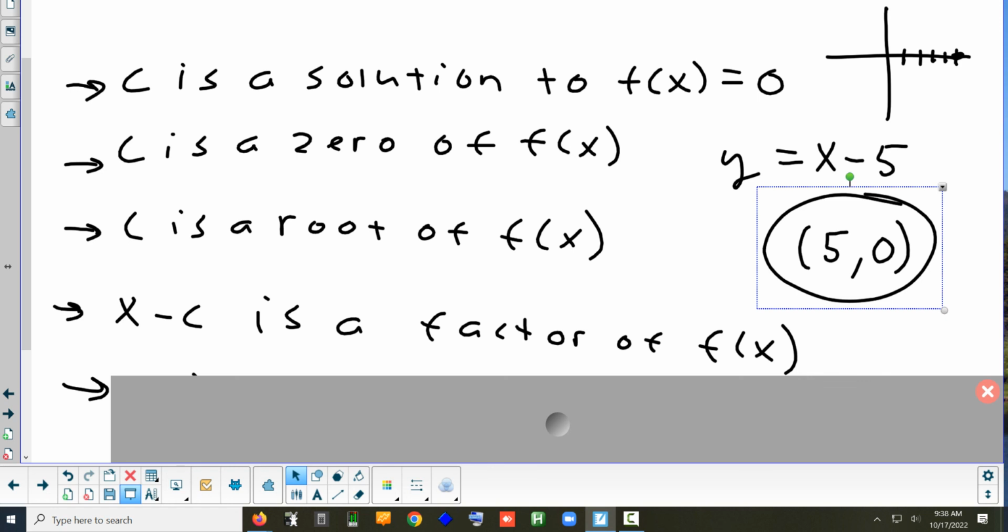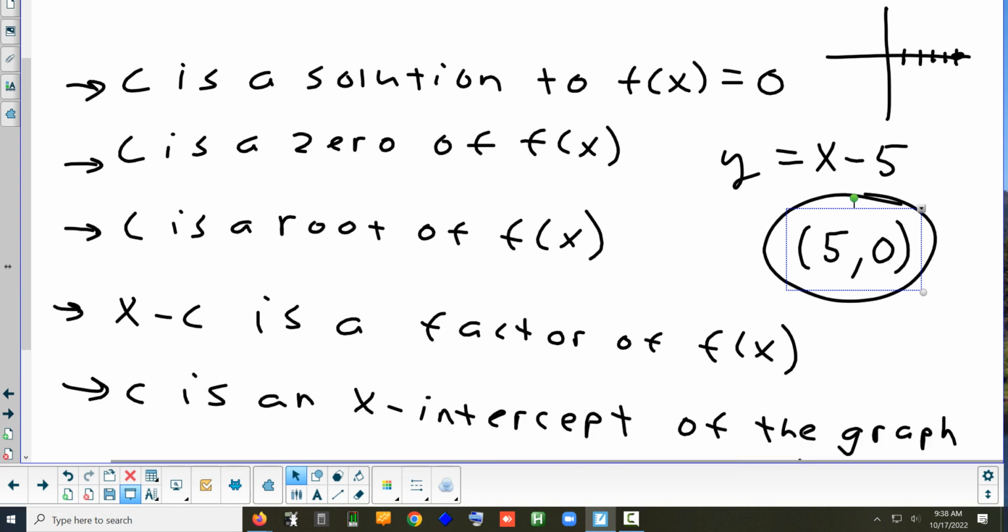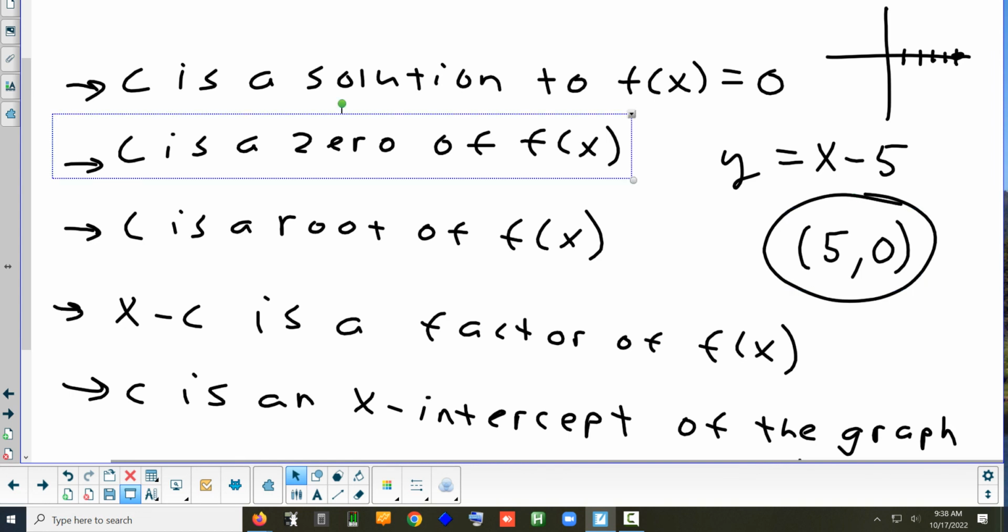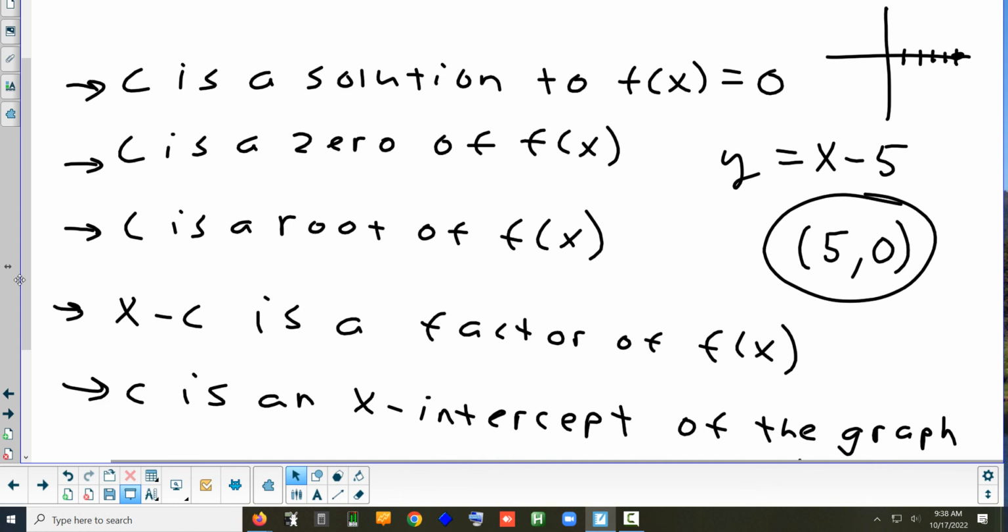So once you know the root to an equation, graphically, that means it's where it crosses the x-axis. What do we call the point where it crosses? We call that the x-intercept. So zeros, roots, factors, x-intercepts, all different ways of saying the exact same thing.